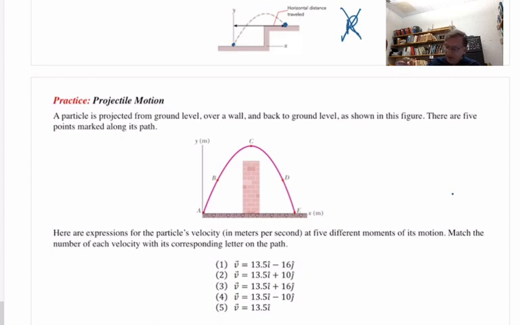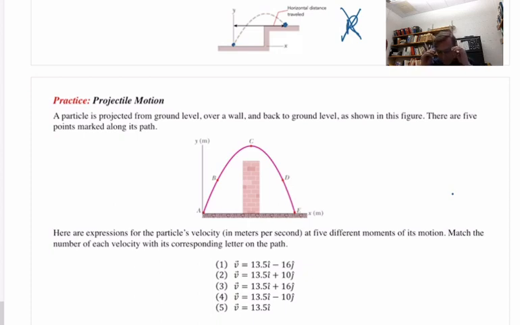Okay, here comes what we want you to do. We're going to give you 5 expressions for the velocity vector, in meters per second, of our projectile. And you can see them below down there, 1, 2, 3, 4, 5. They're all expressions for the velocity vector. They happen to be given in unit vector notation with an x component and possibly a y component. You can see all the expressions there.